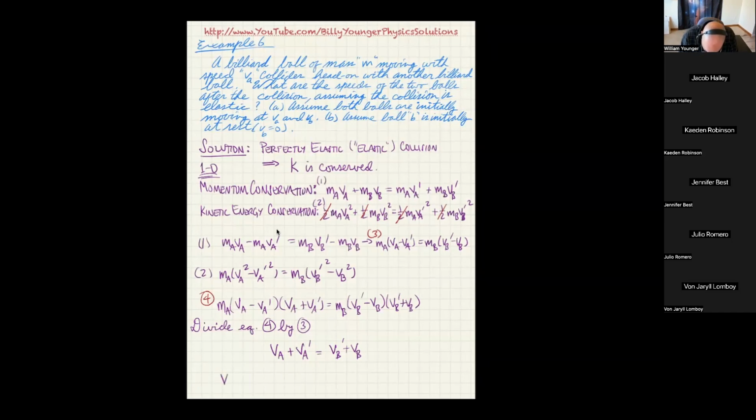So what I'll say is VA minus VB, that's what happens when I pull the VB over there. And then on the other side, I'm going to say VB prime minus VA prime, like that. And this is actually an equation we can use over and over again.